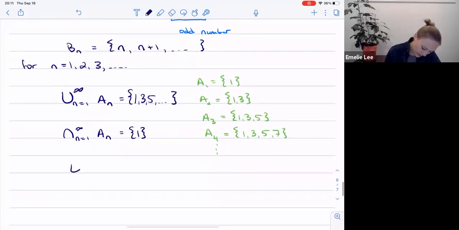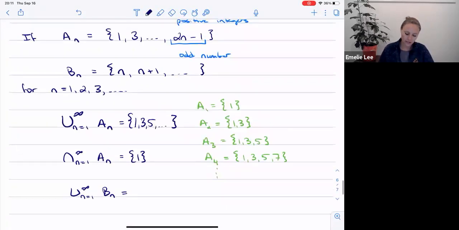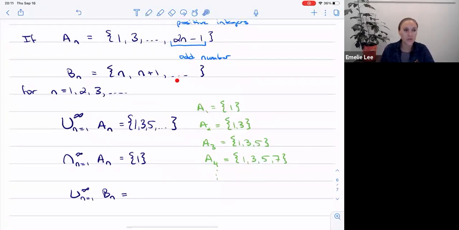What if we want to look at B? So the union from n equals 1 to infinity of B subscript n is what? Now it might be helpful to look at what B looks like, right? B1 is just 1. 1 plus 1 is 2, 3, 4, 5, 6, 7, 8, 9, 10, right?